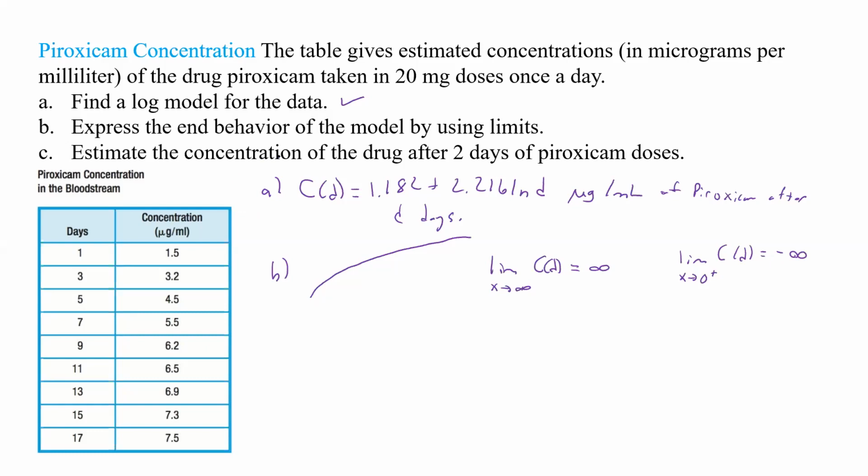Now, if we want to estimate the concentration of the drug after 2 days, well, we're going to say C of 2. Now, this time we didn't do any aligning, so we don't have to worry about that one. And so it's going to be 1.182 plus 2.216 ln of 2. So let's look on our calculator.